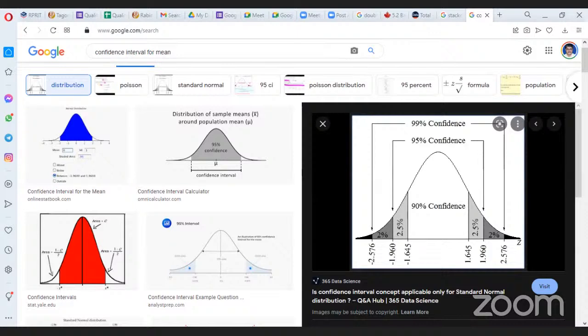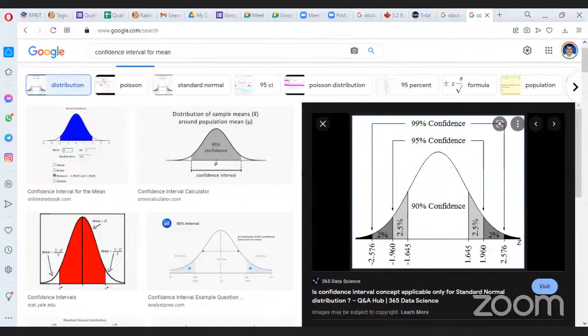It means you have collected data and you have some sample distribution. You have the sample mean. And you have to find out to what extent your sample mean deviates from the population mean.